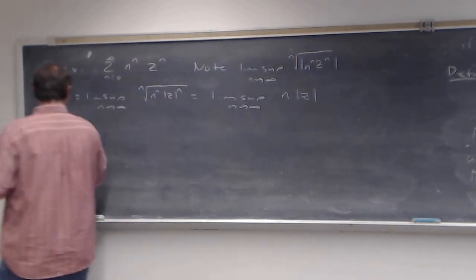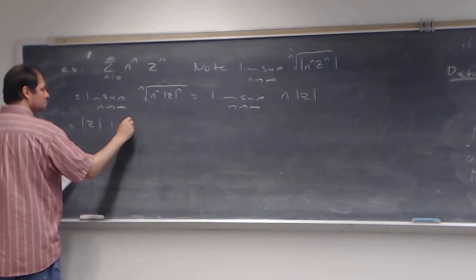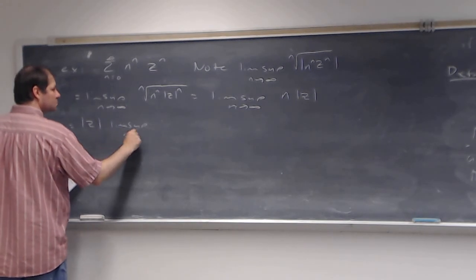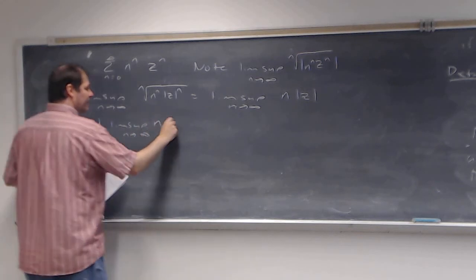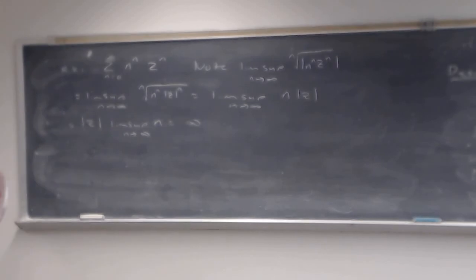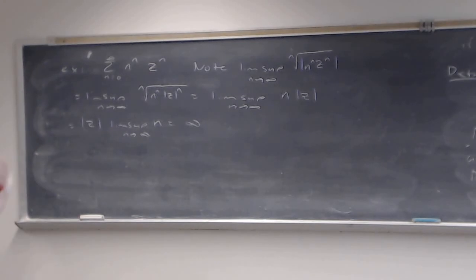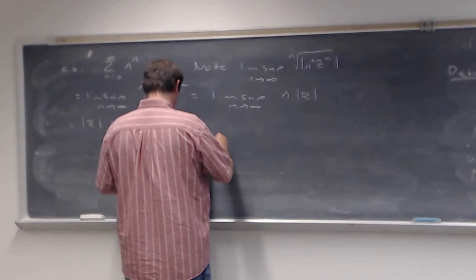The norm of z can be pulled out. Okay, and that's equal to infinity. So that's our alpha. And so R was 1 over alpha. So in this case, we have that R is 0.